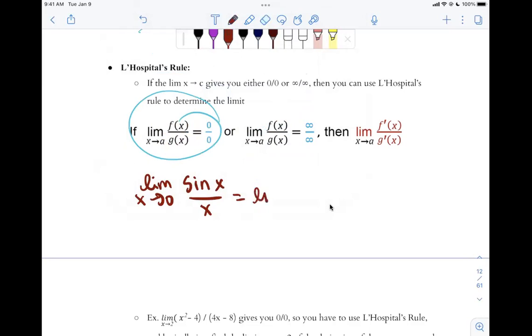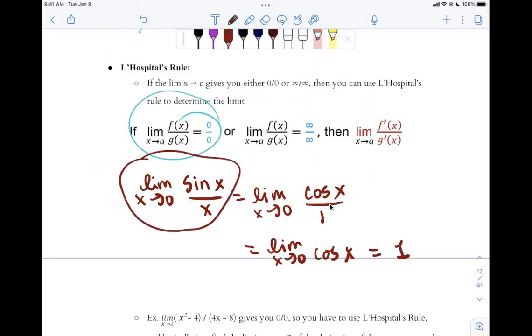This is the limit as x goes to 0 of the derivative of the top, so that's cosine x, over the derivative of the bottom, which is just 1. So it's the limit as x goes to 0 of cosine x. Cosine of 0 is just 1, and it's continuous, so the limit is actually 1. This would be a pretty hard limit to do by hand, but L'Hopital's rule simplifies it considerably.